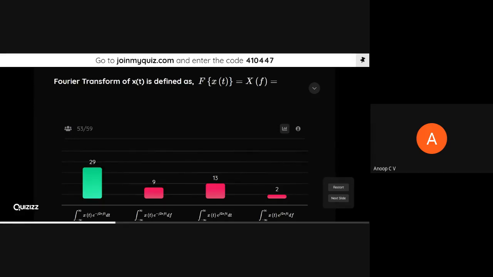Is it correct? Anyone who is logged in from a PC, please. Okay, maybe I'm not wasting time. I think it's good to go. We'll continue. So the definition is x of t into e power minus j 2 pi f t dt. So we'll move on to the next slide.